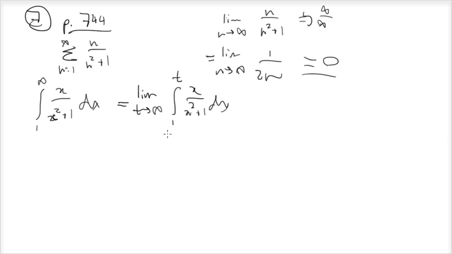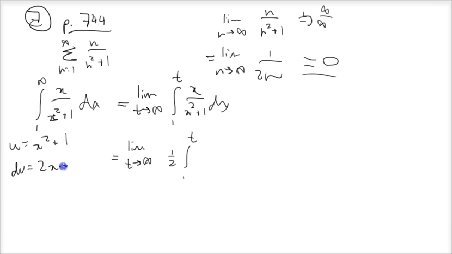So first, let's make a little u substitution. u is going to be equal to x squared plus 1, du is going to be equal to 2x dx. We see the x there, we don't see the 2, but we'll be able to take care of that in the coefficient. So we're going to have a 1/2, integral from 1 to t.